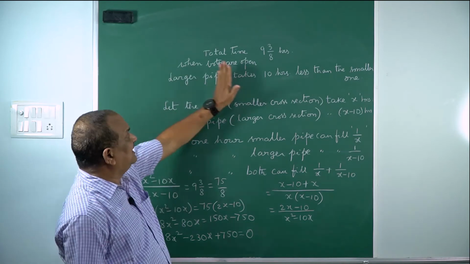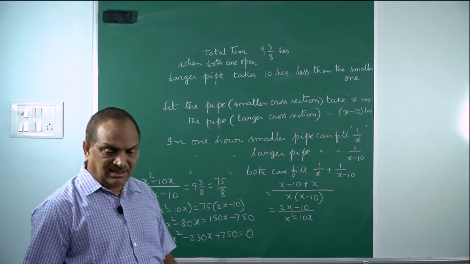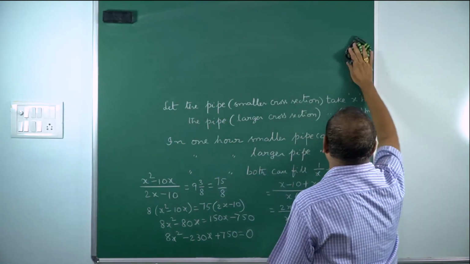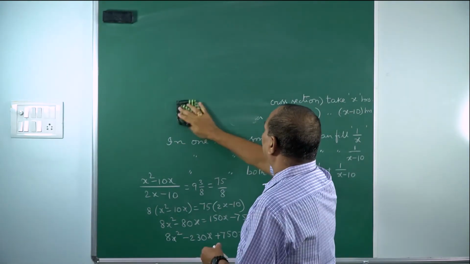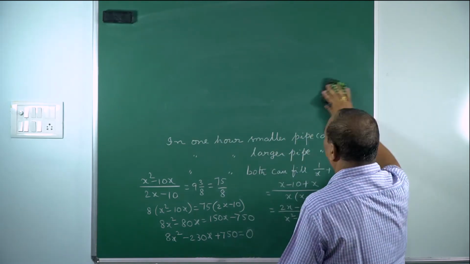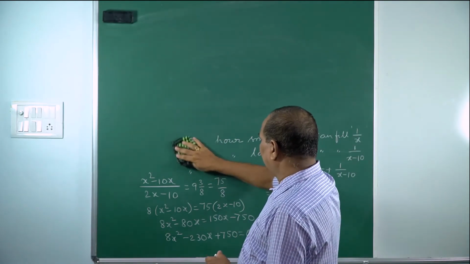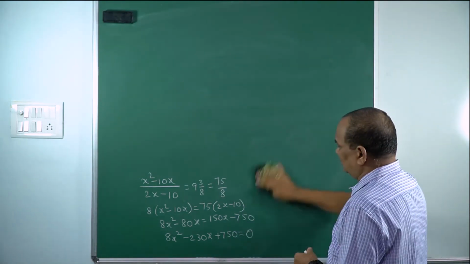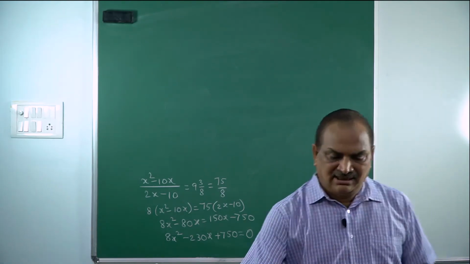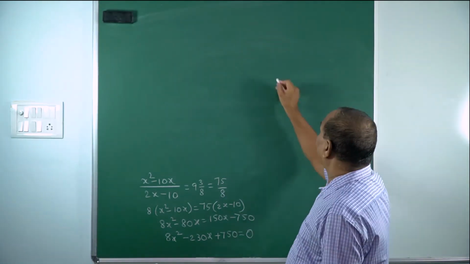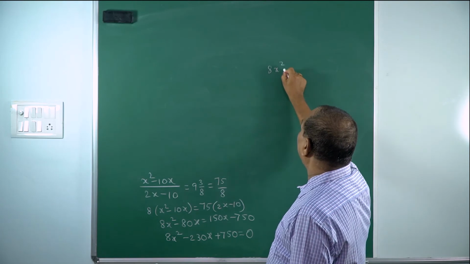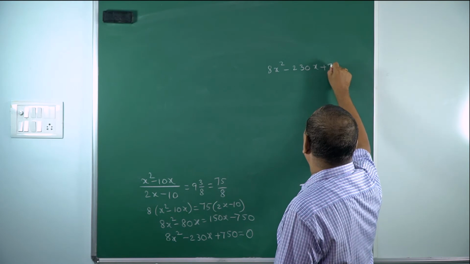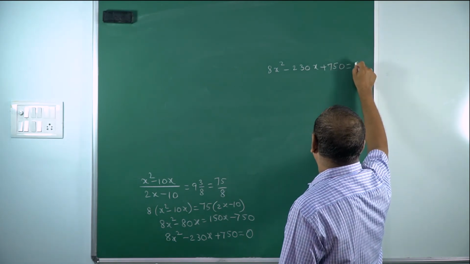Okay, I just clear this part so that I can resolve this one. So, what is the quadratic equation we have there? And this can also go. The quadratic equation we got is 8x square minus 230x plus 750 is equal to 0.